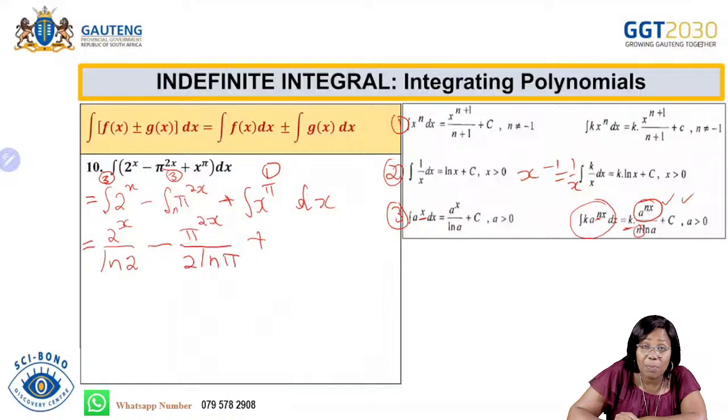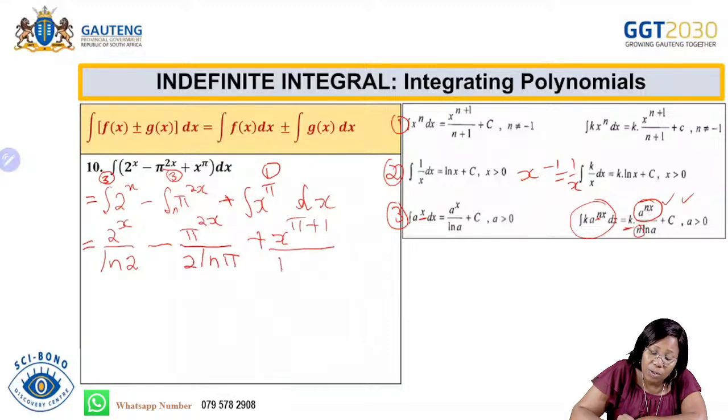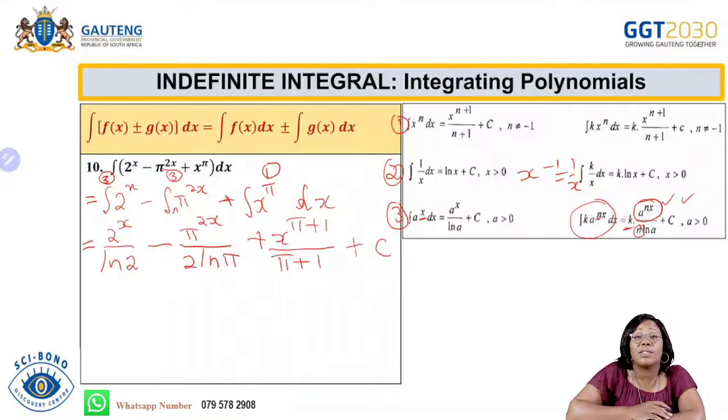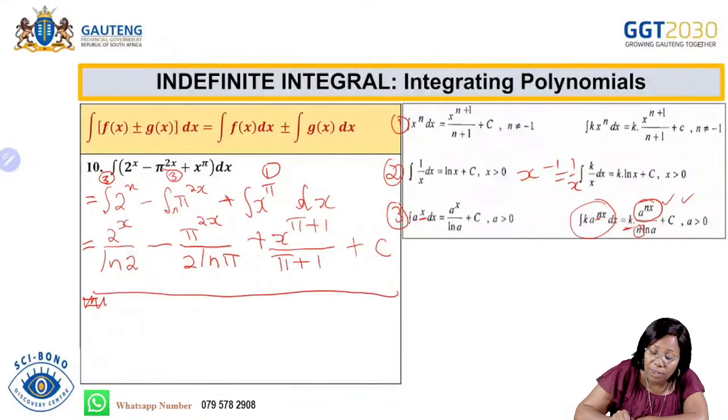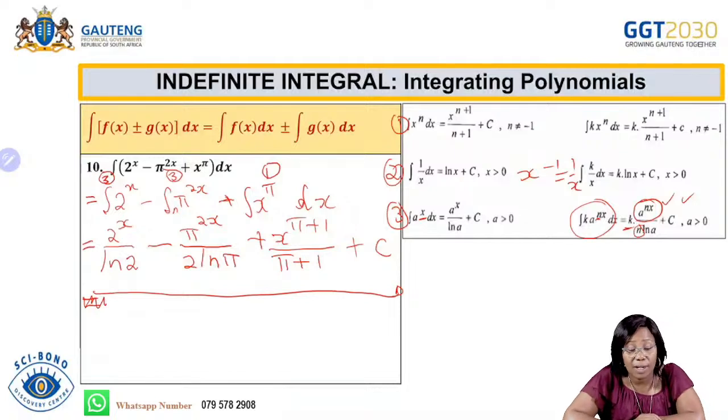Rule number 1 is n plus 1. So that is x to the power pi plus 1, and the denominator must be the same as the exponent, pi plus 1, and then plus c, because we have now integrated. Do we need to simplify anything here? No. Therefore, grade 12, this is your answer for that particular integration.